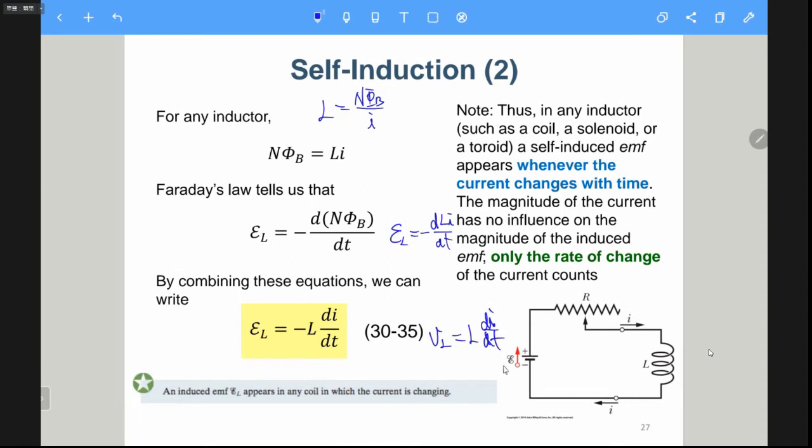And of course, for the capacitor, we have I equals C dV dt. For the inductor, we have V equals L dI dt. Although we will not teach chapter 27 and chapter 31 in this semester, I suppose you should know that.